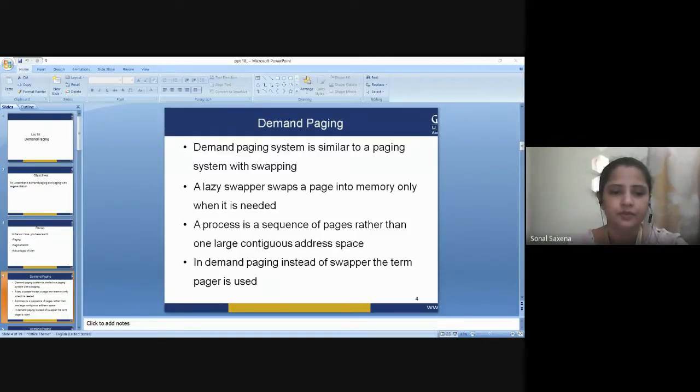So, first of all, let us understand the basic concept of demand paging. It follows that pages should only be brought into the memory if the executing process demands them. Okay, why should we require it? Because it is a memory saving process. It saves your memory. That is why it is always required.